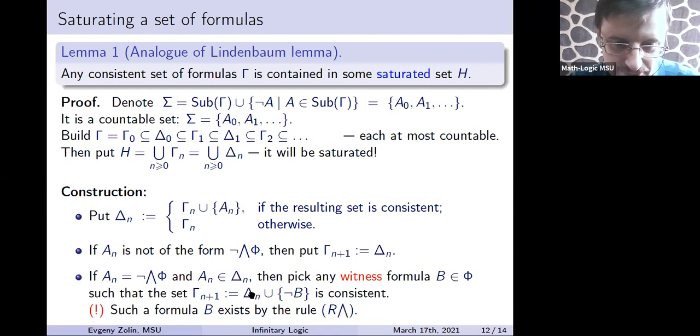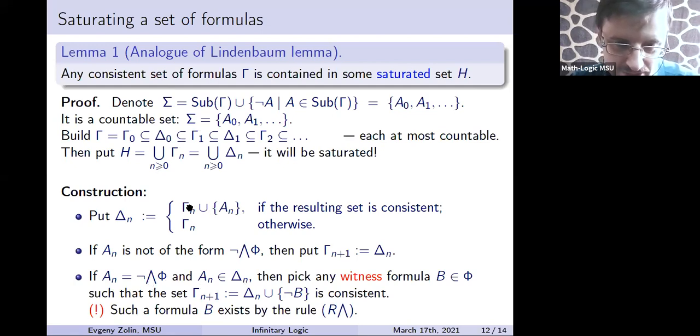We can reason by contradiction. Assume that for every formula B, all these sets are inconsistent. This means that our logic proves conjunction delta n implies B for every formula B. Then we apply our rule and obtain that our logic proves conjunction delta n implies conjunction phi.